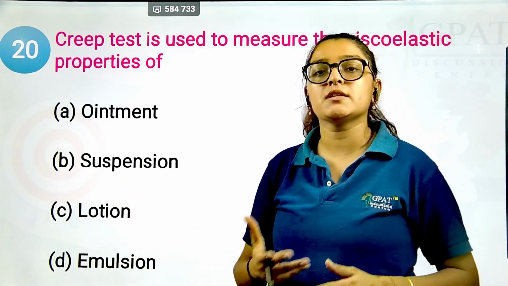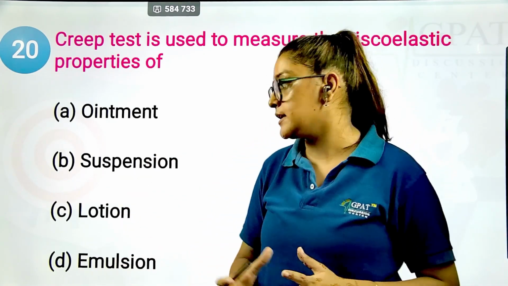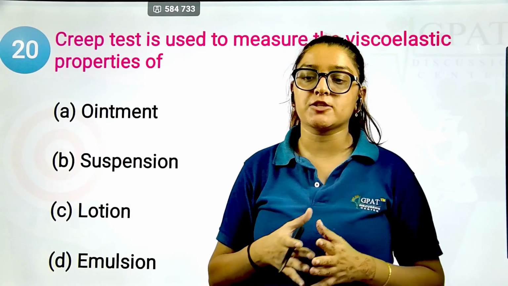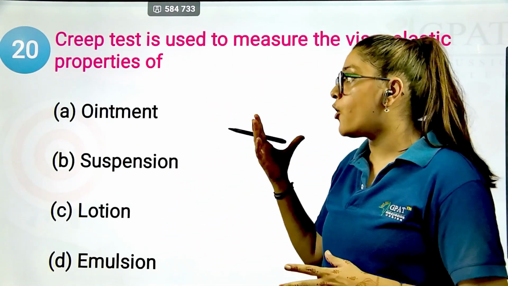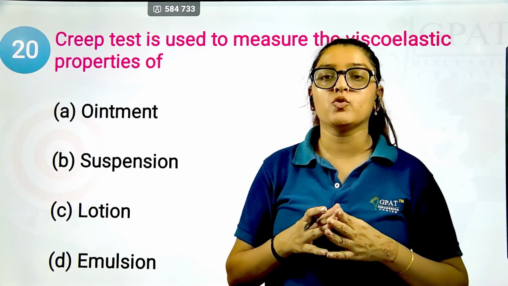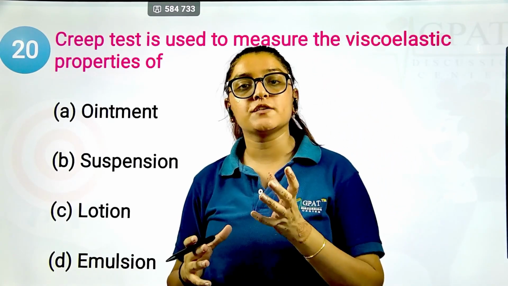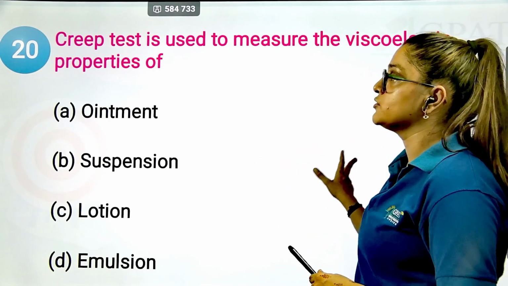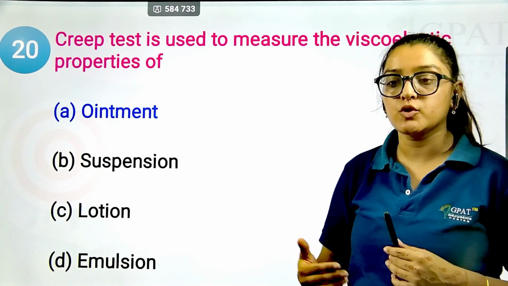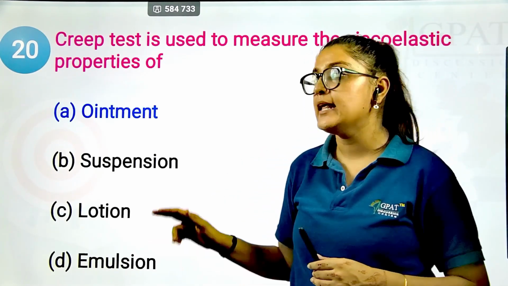Now the emulsion is not a viscoelastic material. Similarly, lotion and suspension are also not viscoelastic models, right? But the ointments are considered viscoelastic. Because of their semi-solid nature, it is most evident that the creep test will be used for the ointments, not the suspension, lotion and emulsion.